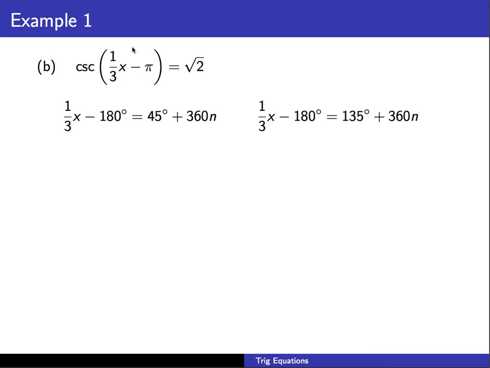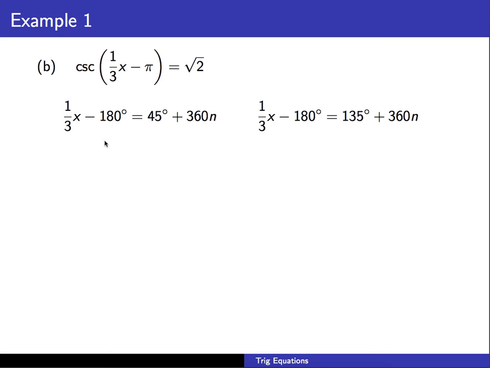So we have 1/3 x minus 180 is 45 degrees plus 360 n. Again, this 45 degrees is because cosecant of 45 degrees gives us square root of 2. We also have 1/3 x minus 180 degrees equals 135 degrees plus 360 n. Again, this 135 comes from the fact that the cosecant of 135 degrees also equals the square root of 2.